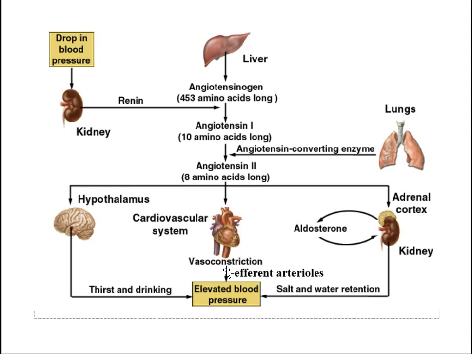Again, anytime we're squeezing on those tubes, we're going to make blood pressure change. Finally, we're going to go to the hypothalamus and tell your brain, hey, you're thirsty, start drinking water. By doing that, you're going to add water to your blood, and that's going to stop all this process. Because you didn't have enough water in your bloodstream, that's why your blood pressure dropped.